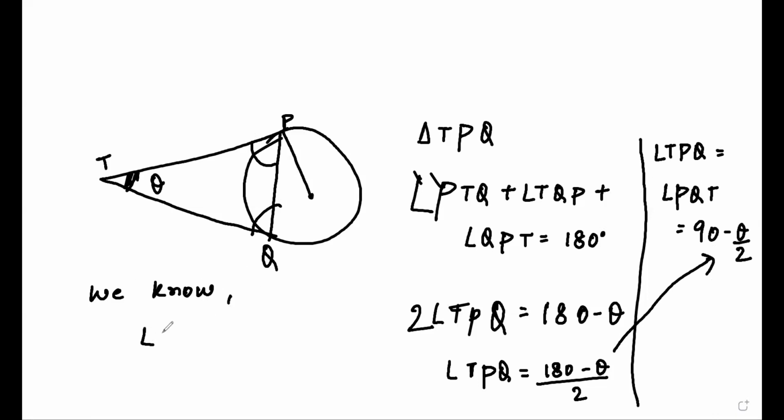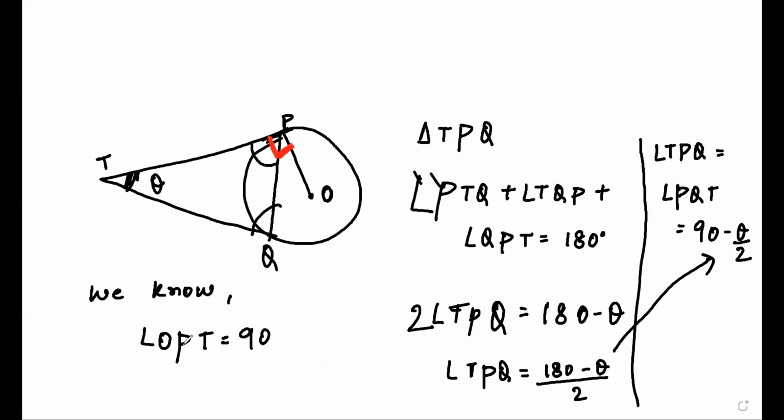Here we know angle OPT is equal to 90 degrees. From center O, if you draw a line and connect it at the tangent, it will be 90 degrees, right? So this total will be 90 degrees. All right.